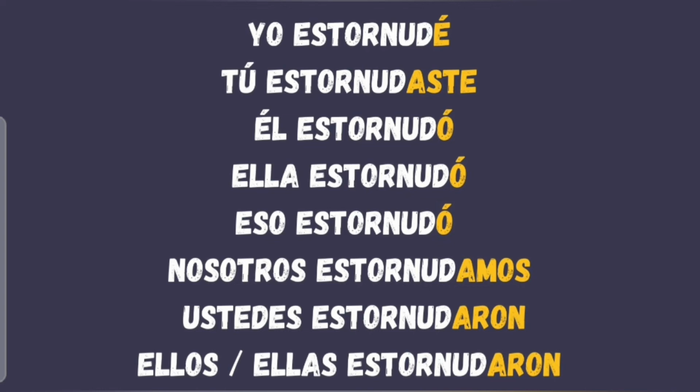Ella estornudó. Eso estornudó. Nosotros estornudamos. Ustedes estornudaron. Ellos or ellas estornudaron, okay? So here the base word, root word, that is never changing, it's estornud, okay, as you can see.